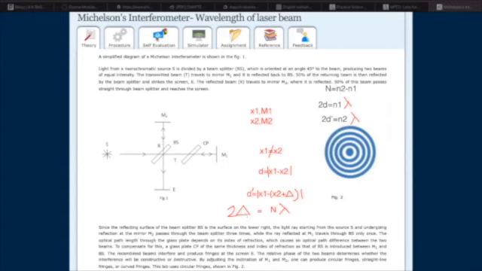Hence we get this equation, so that our 2 capital delta, the distance by which our mirror is moved, which mirror? Only the movable mirror. If my movable mirror is moved by capital delta, capital N number of fringes appear or disappear. So if I know both the quantities, I can easily calculate lambda.